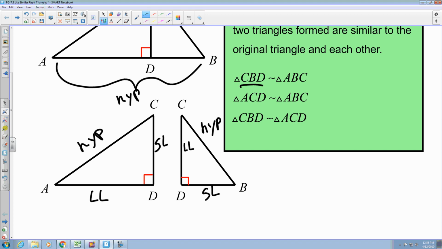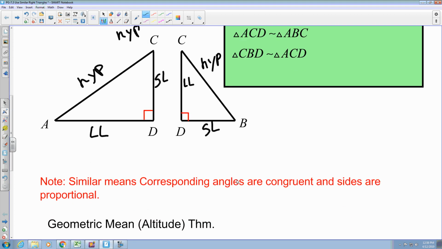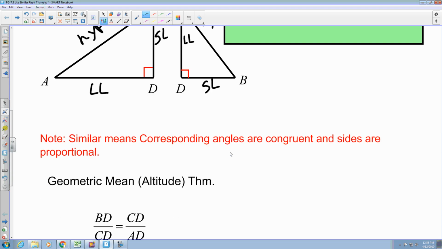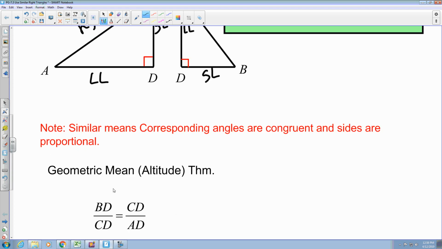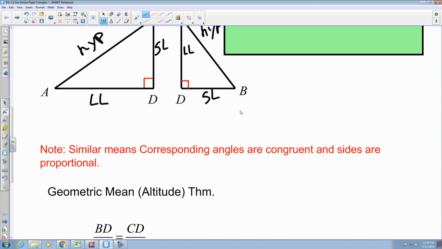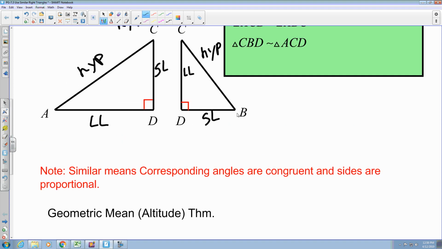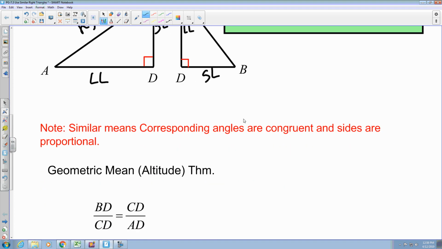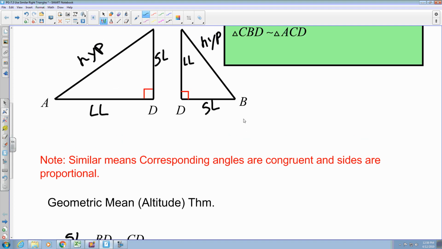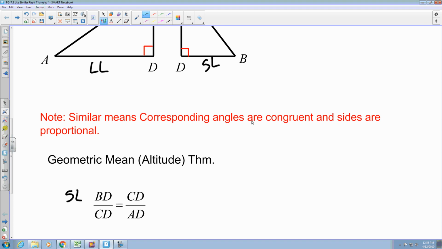When you are writing these proportion statements, you have to make sure that you are consistent in each of your lines. If you look at BD over CD, BD was the short leg and CD was the long leg.